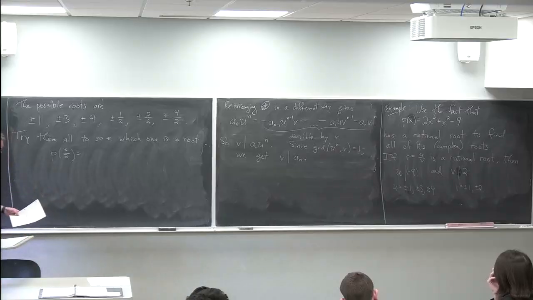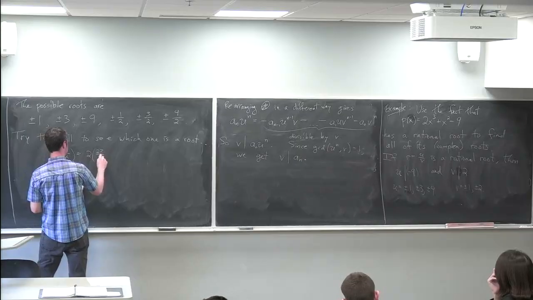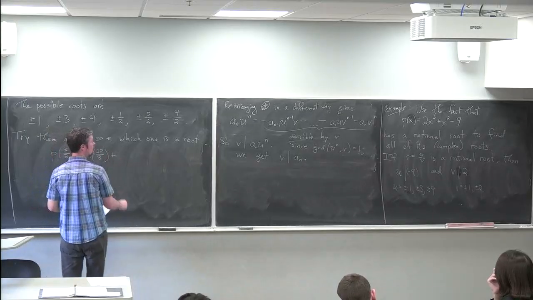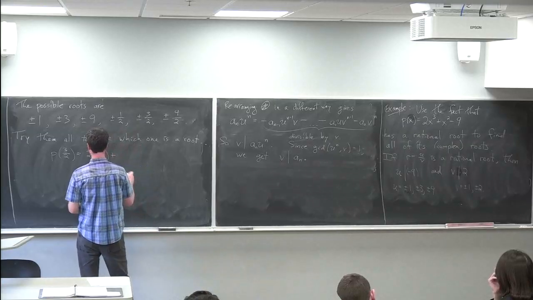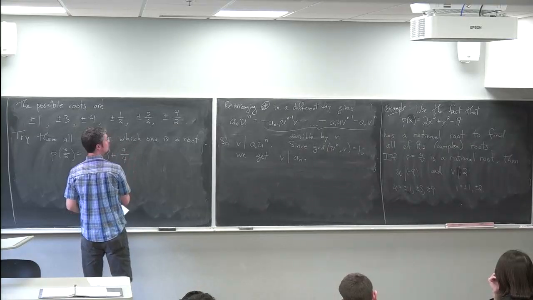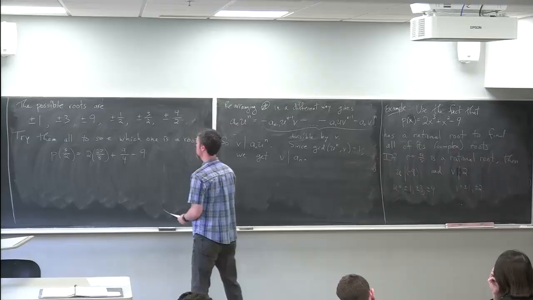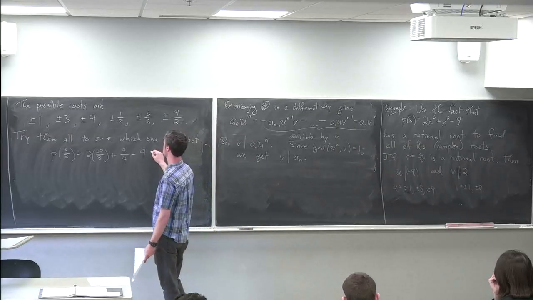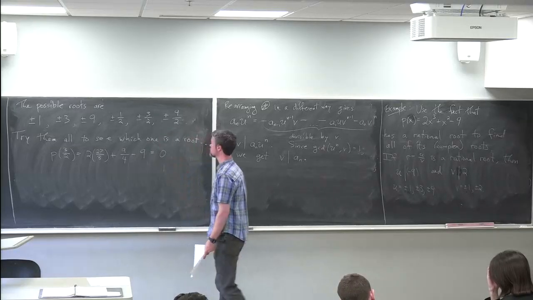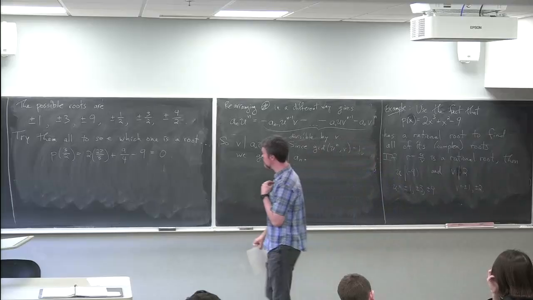When you try this one, you get 2 times the cube of this number plus the square of this number, minus 9, and if you sort out what that is, it's supposed to be 0. You can check that. That tells you 3 halves is the root.